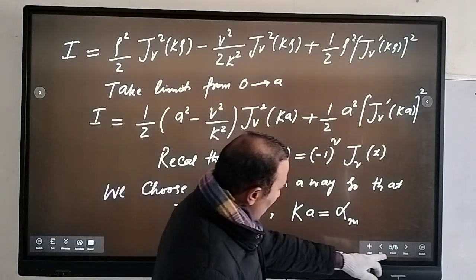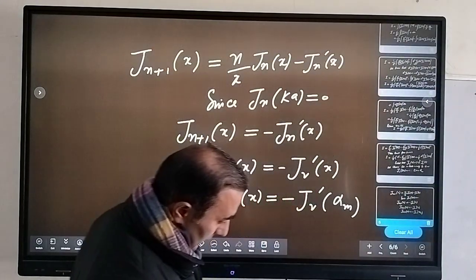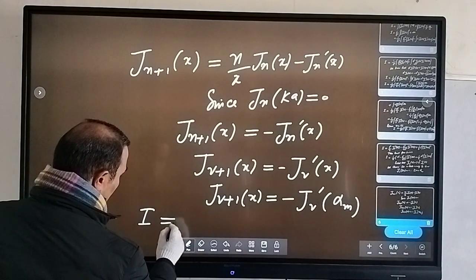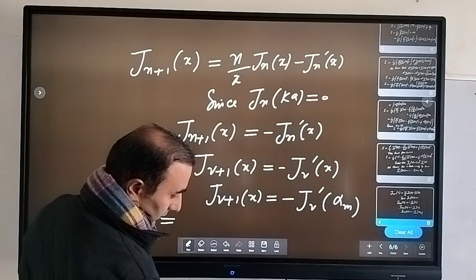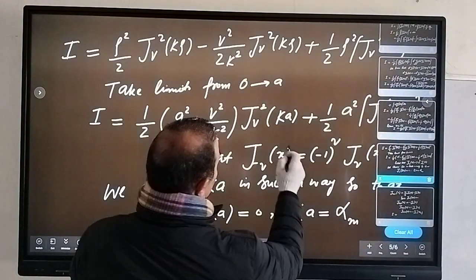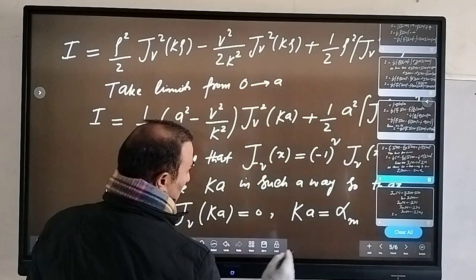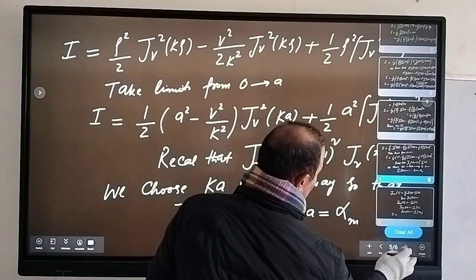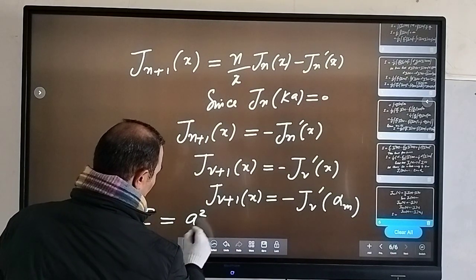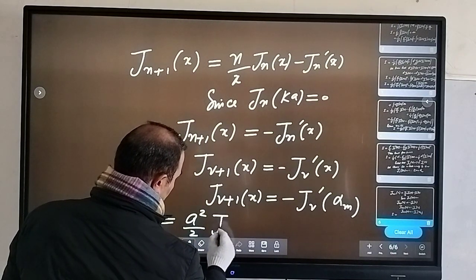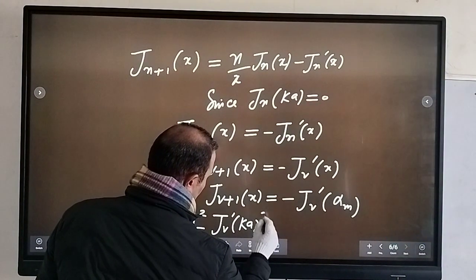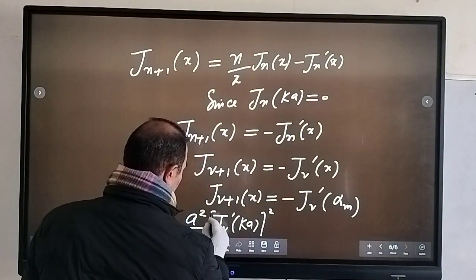So our I is equal to a square by 2 times Jv dash of ka whole square.